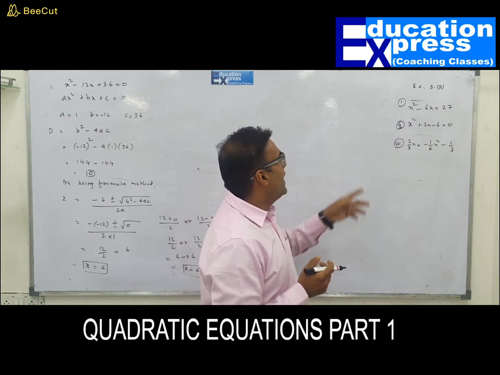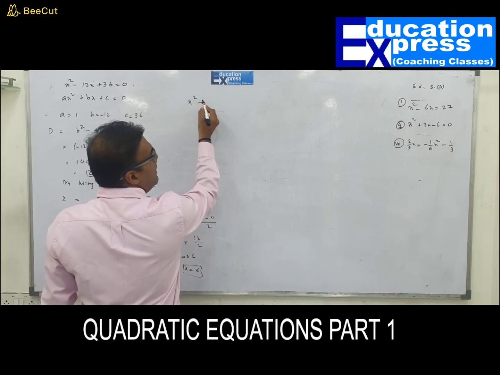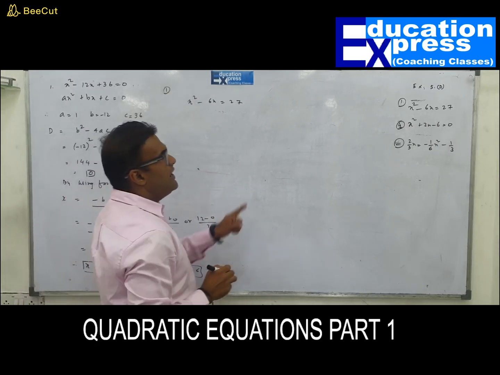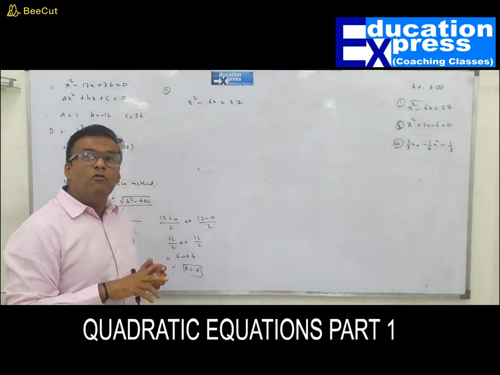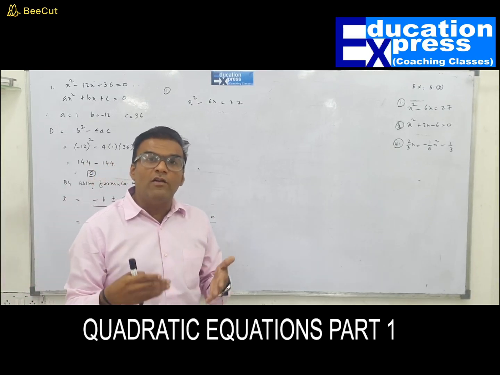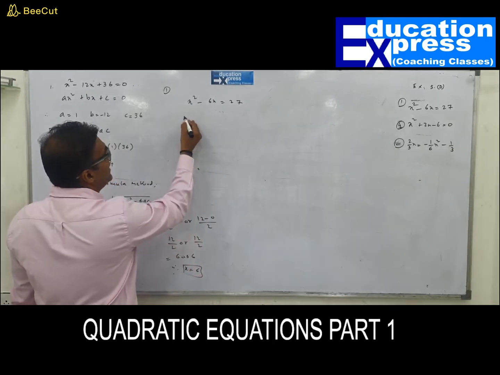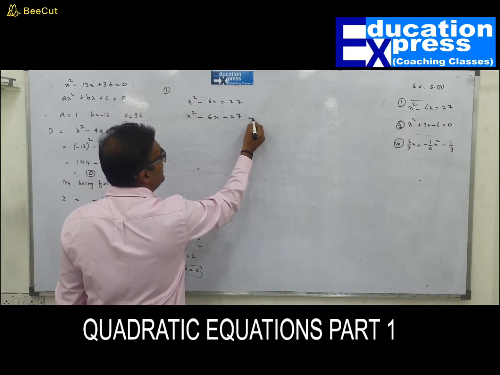So exercise 5D, question number 1. X squared minus 6x equals 27. This is the first question. My friends, the first rule is to convert the given quadratic equation into its standard form. X squared minus 6x minus 27 equals 0.